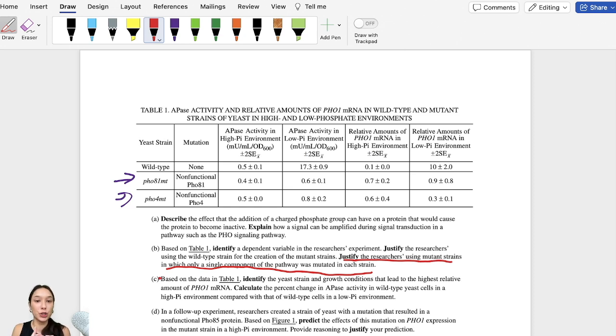You only ever want to change one thing so that you can say for certain that the change in my dependent variable was due to this one change that I made, being in this case FO81 or FO4 mutant. And you're comparing that, again, like we said, to the wild type. You're never going to compare FO4 to FO81. You're comparing it to the wild type to see that difference between your standard.